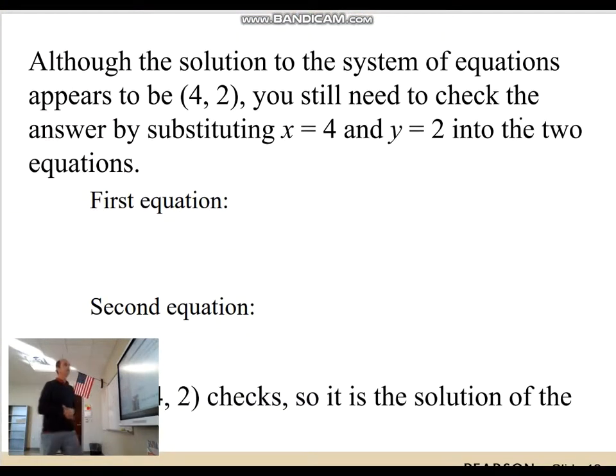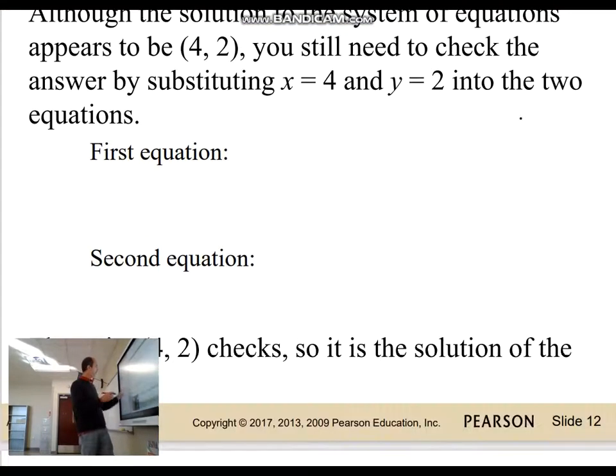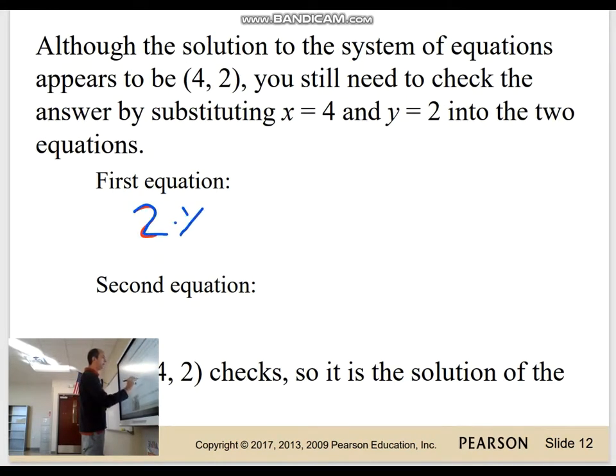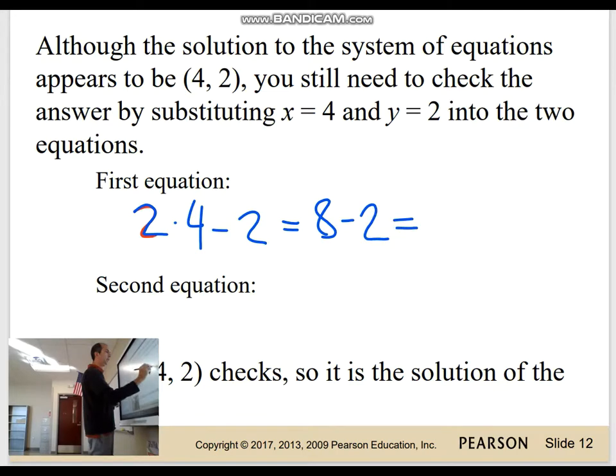Although the solution to the system looks like x equals 4 and y equals 2, you need to check. You substitute x equals 4, y equals 2 into the equations. In the first equation, 2 times x, where x equals 4, minus 2 equals 8 minus 2, which equals 6.